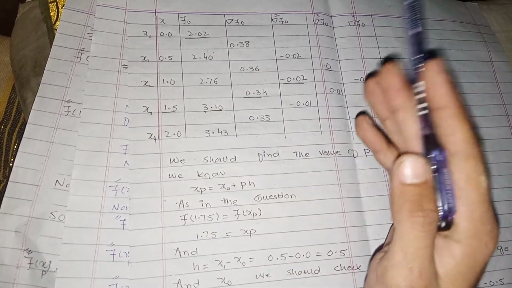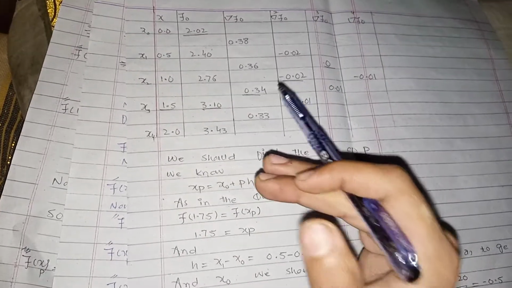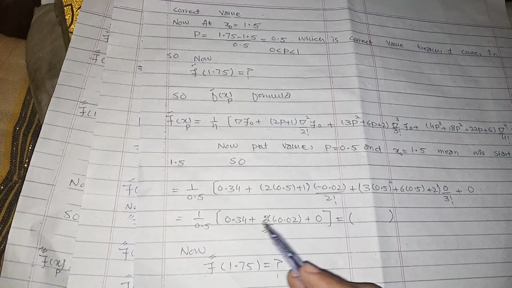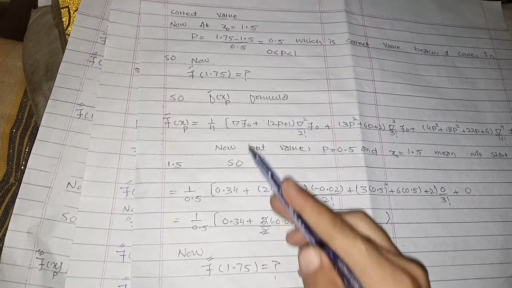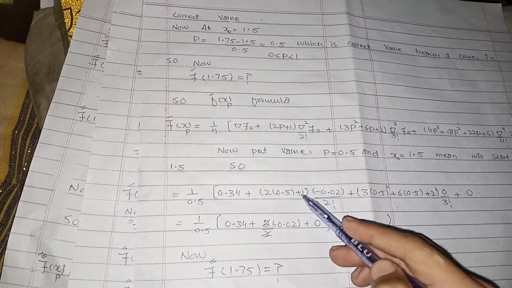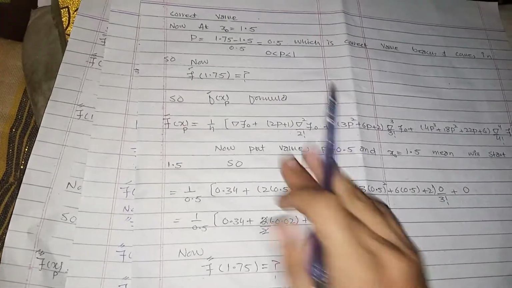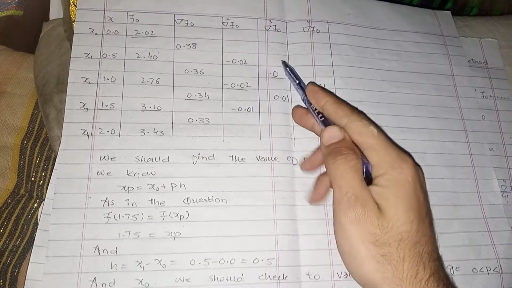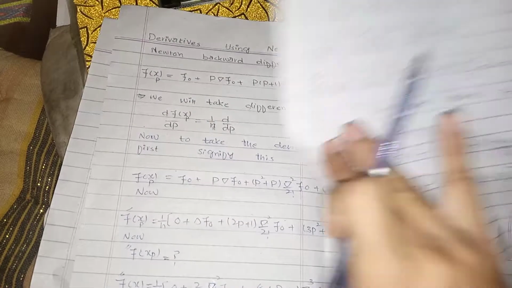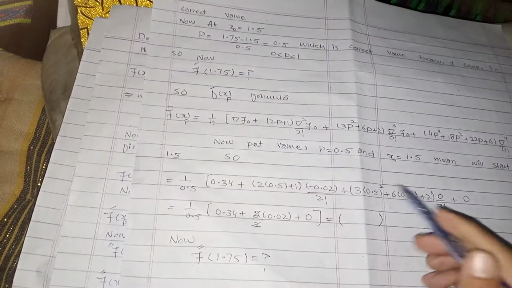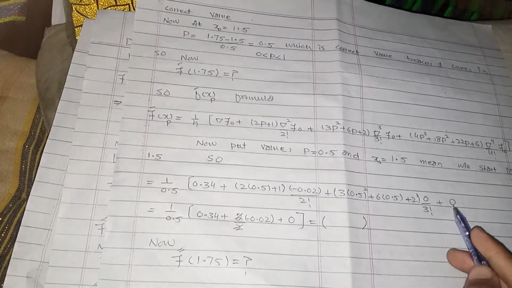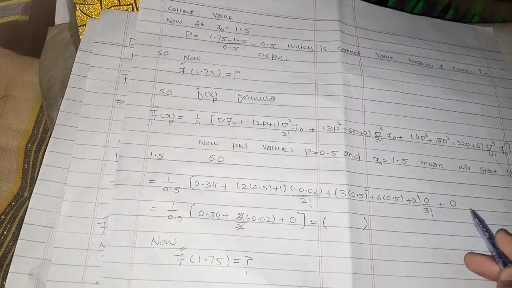So I put the value of del f naught, then 2 phi minus 1 times del square of f naught. Del square of f naught is this, del cube is 0, and del to the 4 is nothing. So we just limit our formula to that position, and I wrote 0 instead of del to the 4.